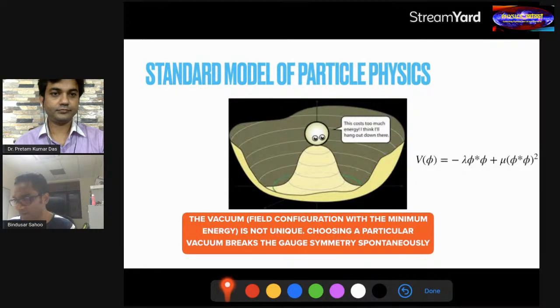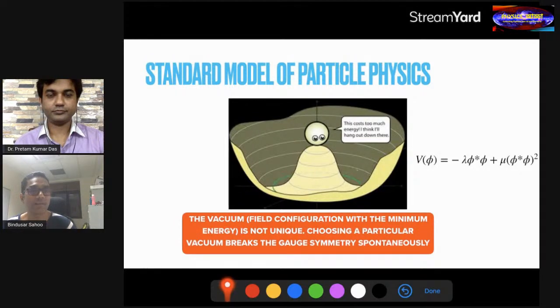Only then can one accept this mechanism. Indeed, that was a prediction of the Higgs mechanism, that there has to be a new particle in nature, but that particle is so heavy that you don't observe it immediately in any laboratory. For that, you have to build some sophisticated experiments to observe that particle.